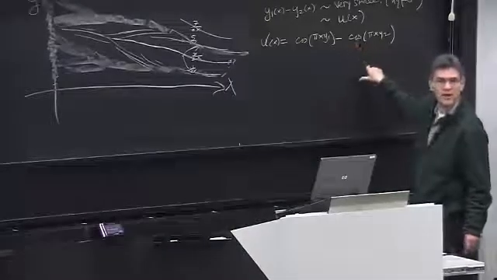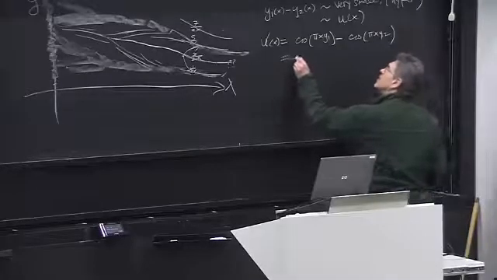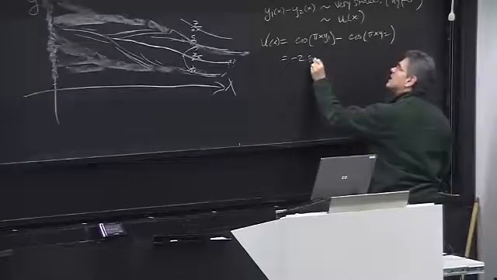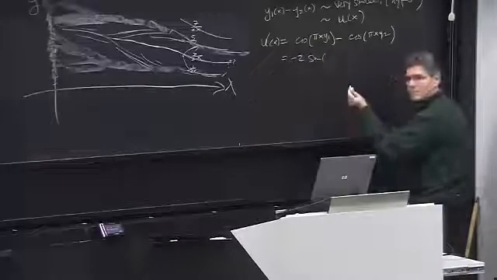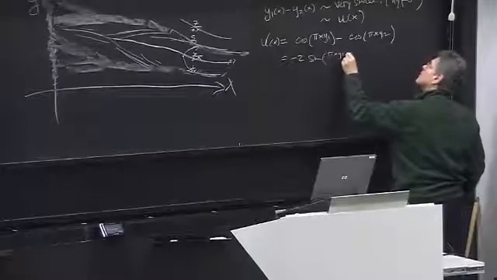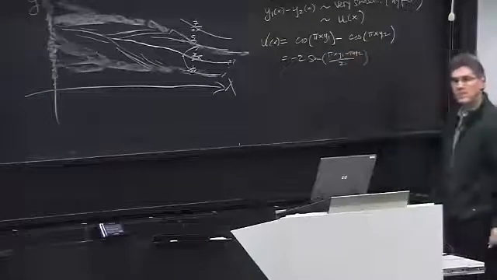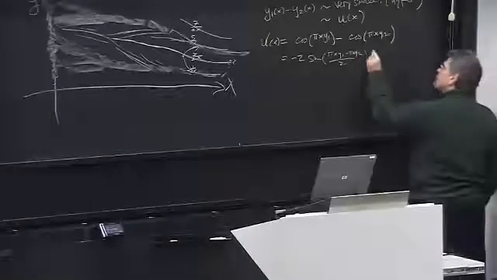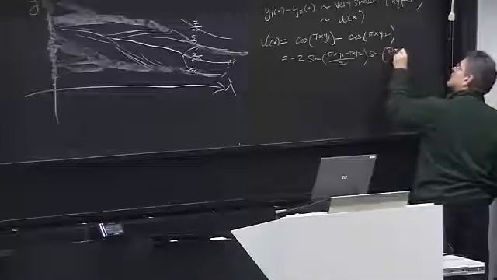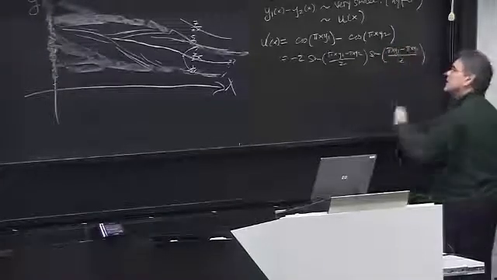What's cosine A minus cosine B? So it's something like minus 2 times sine of the sum, pi x y1 plus pi x y2 over 2, times the sine of pi x y1 minus pi x y2 over 2, something like that.